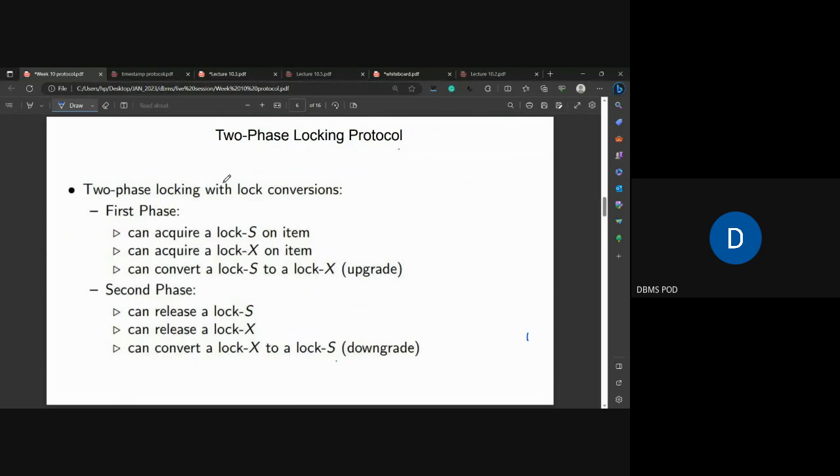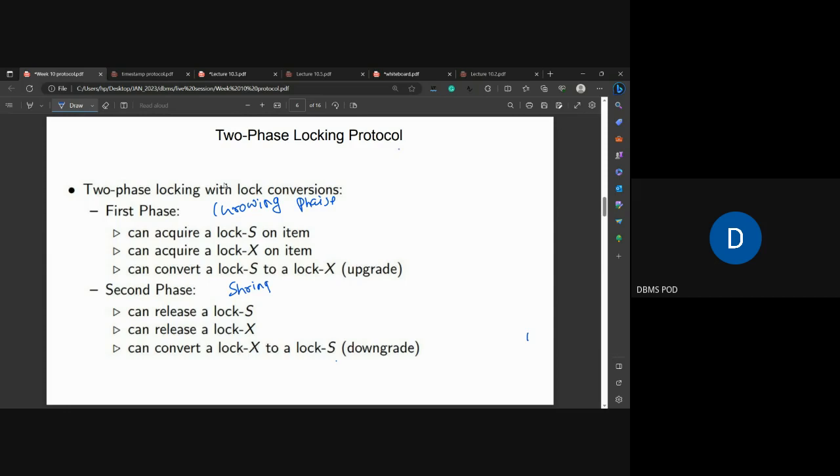A transaction is said to follow the two-phase locking protocol if its locking and unlocking can be done in two phases. The first phase is called the growing phase, and the second is called the shrinking phase.